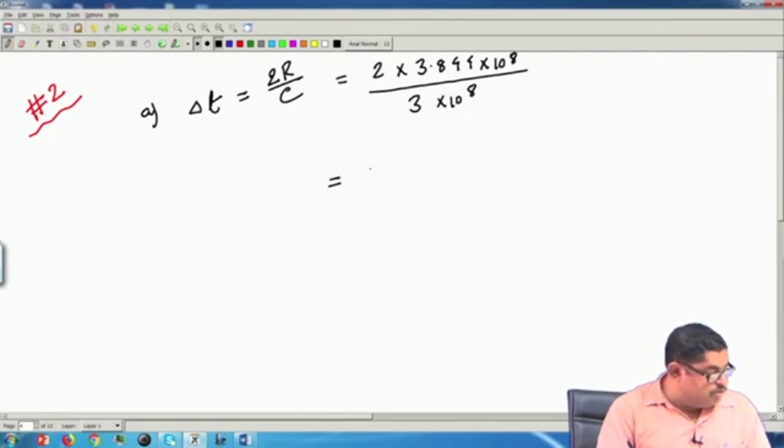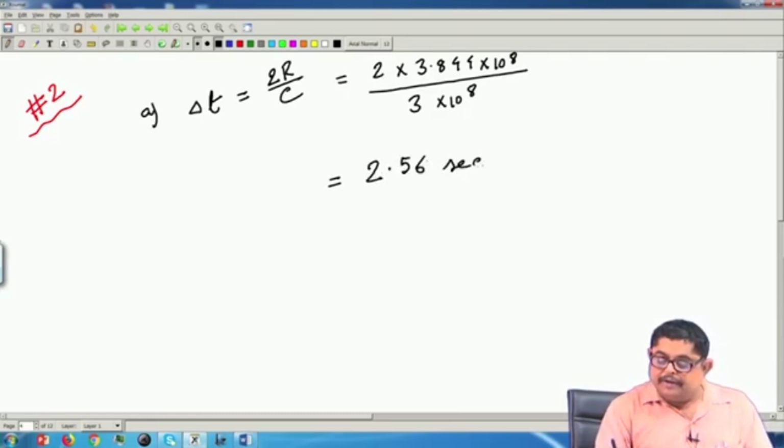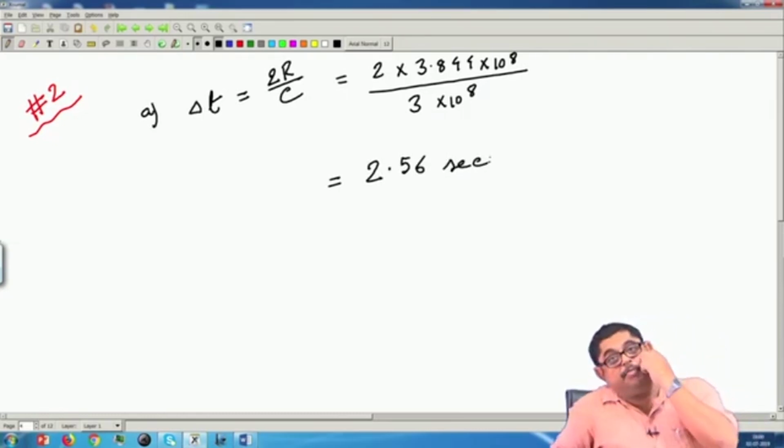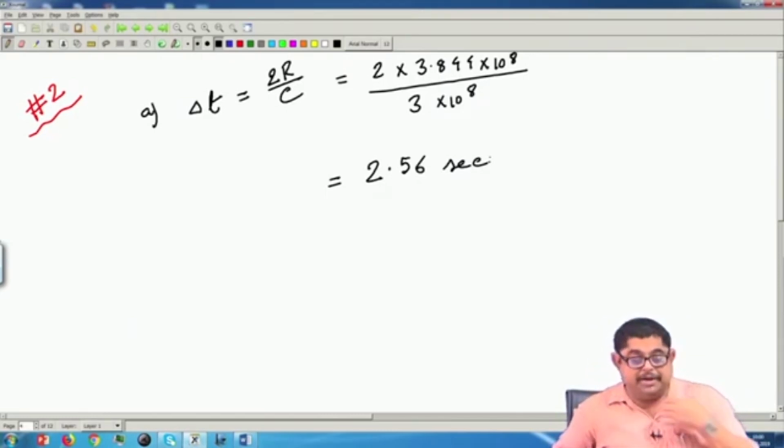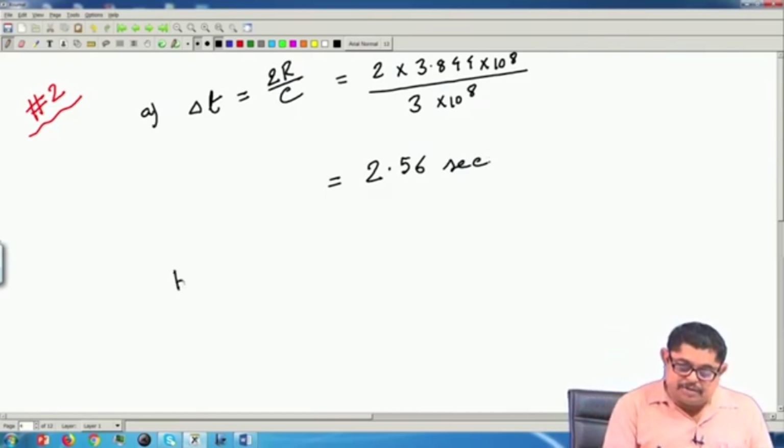So, this will give you 2.56 seconds. That means if you send a pulse, you will receive it after almost 3 seconds. So, you should remember that. That is why this problem is given.